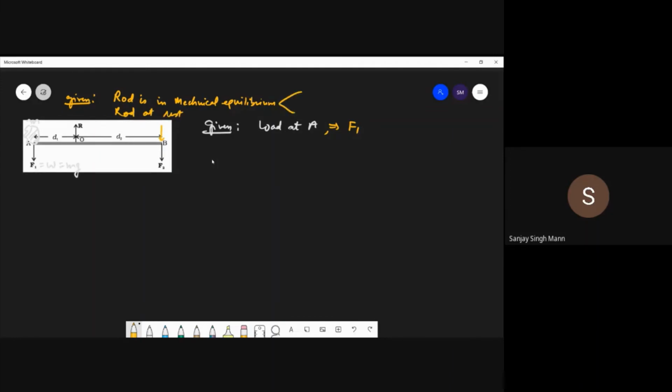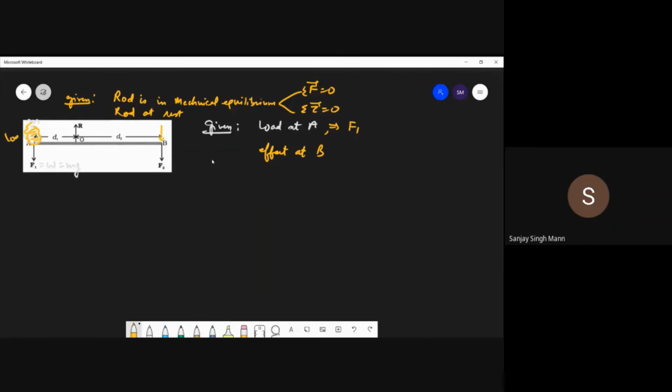Mechanical equilibrium means the sum of the forces equals 0, translational equilibrium, and the sum of torque is also 0, rotational equilibrium. This all is given to us. So load at A is F1. Effort at B. So we have a load over here.